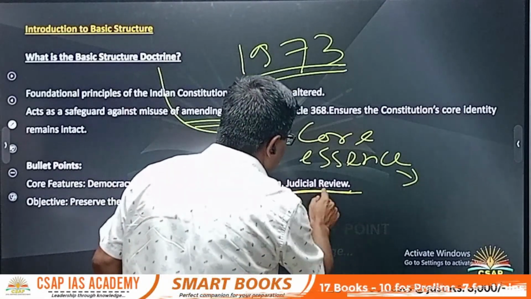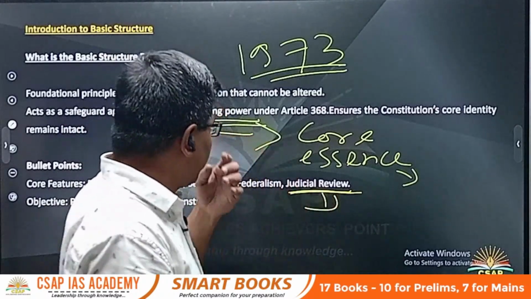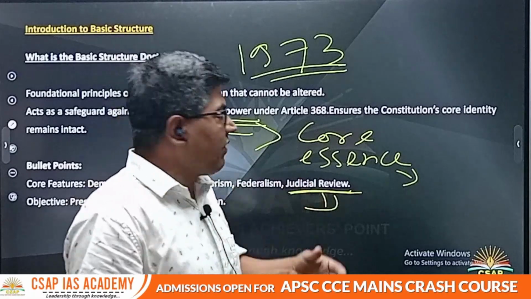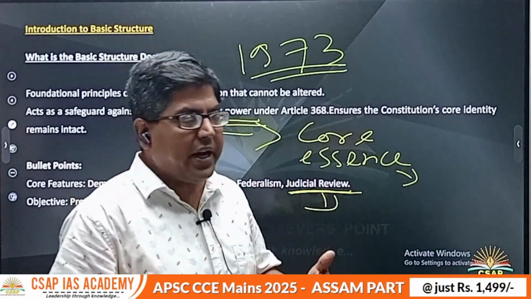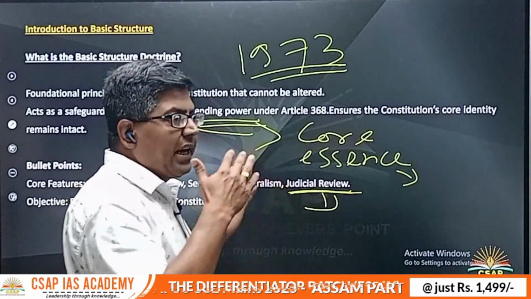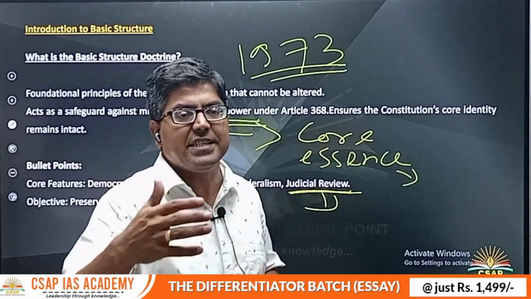Now you see, judicial review itself, that is the power of the judiciary to review, and along with that free and fair election, right to privacy, for example, and so on and so forth. So all these have been declared as the basic structure of the Indian constitution in various cases.